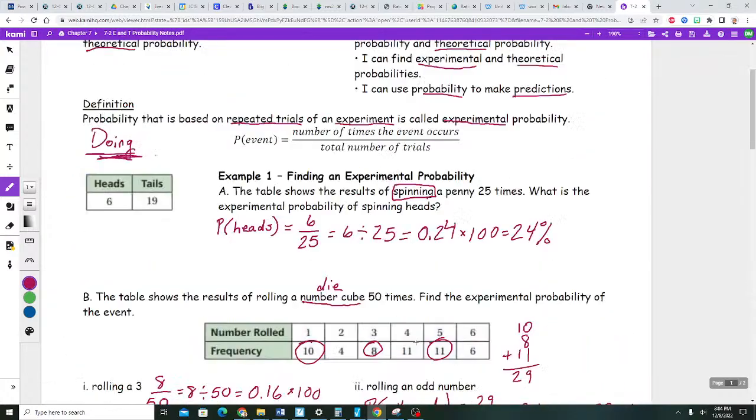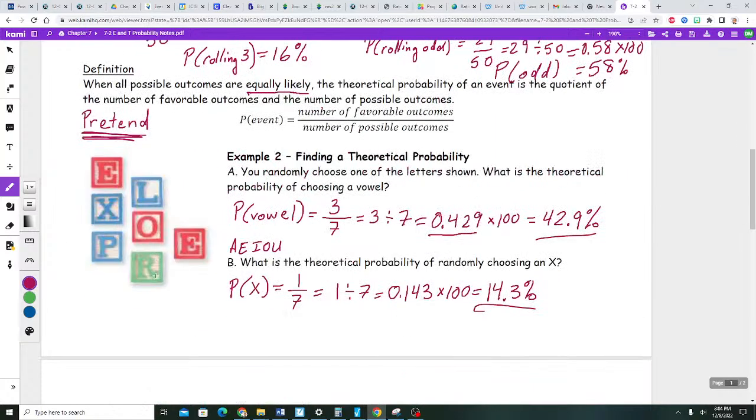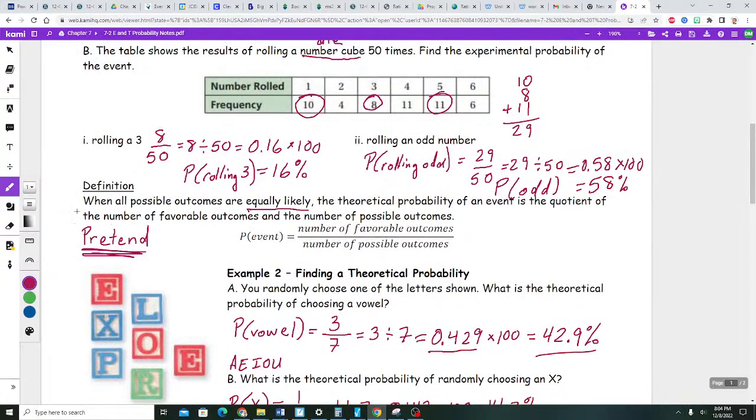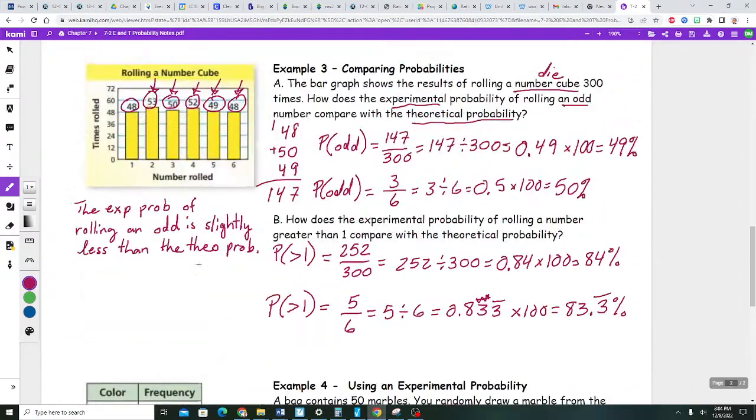So again, we've talked about experimental and theoretical probability. We get experimental probability by doing things. We get theoretical probability by pretending things or thinking things through. Both are useful. When things are fair, both are very close, or when we can actually predict theoretical probability.